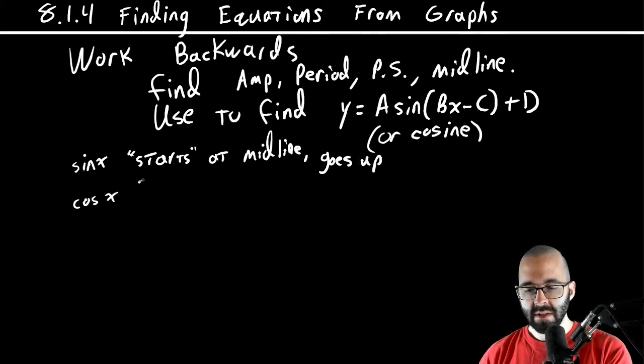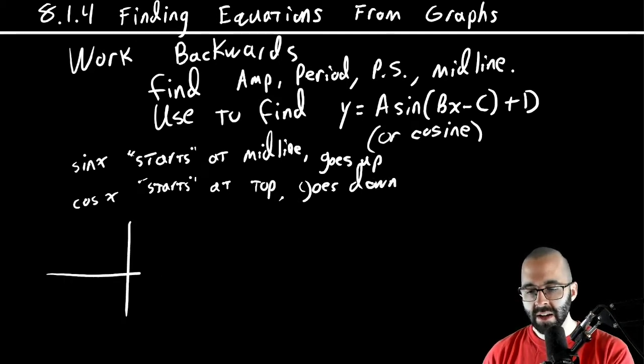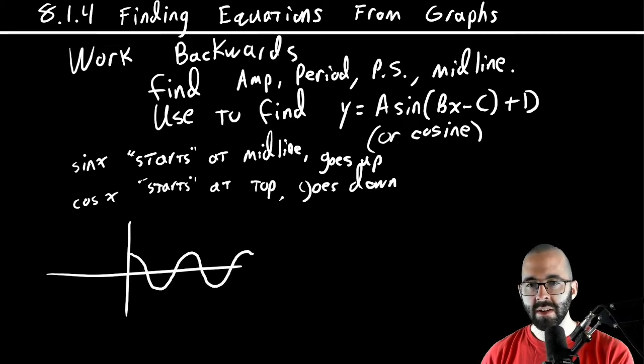Cosine of x starts at the top, and it goes down. So these are going to be kind of useful rules of thumb for us to think about, right? So what I mean by that, sine starts in the middle. That's what I mean. Cosine starts at the top. That's what I mean.